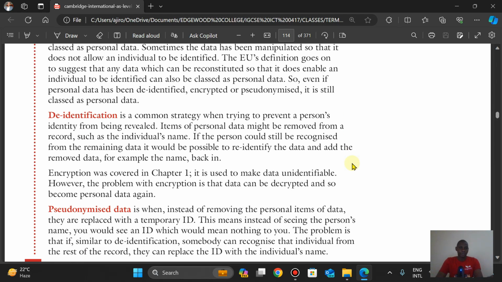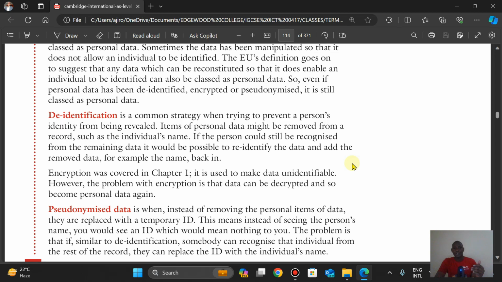De-identification, what does it mean? De-identification is a common strategy when trying to prevent a person's identity from being revealed. Items of personal data might be removed from a record, such as the individual's name.